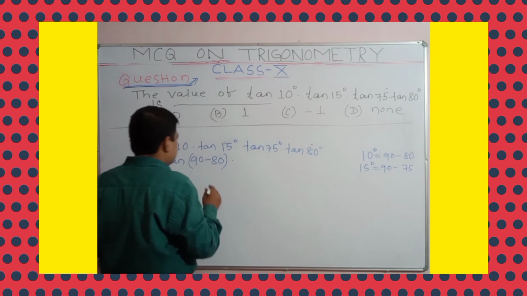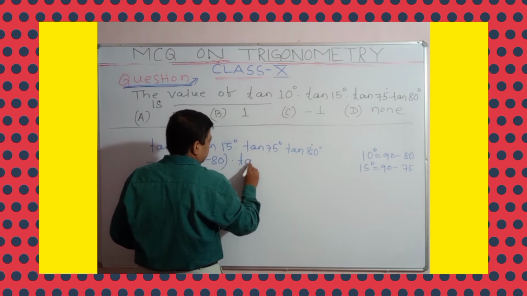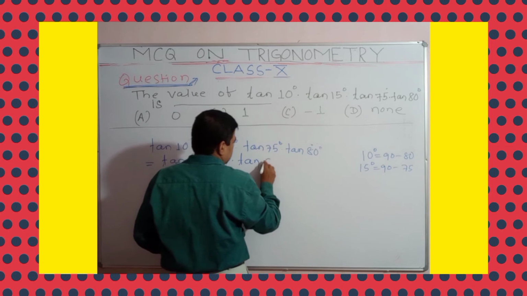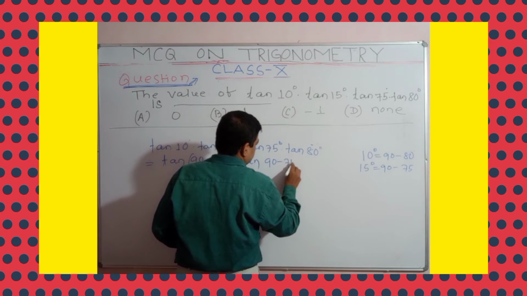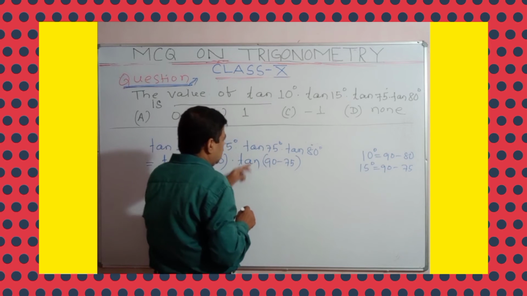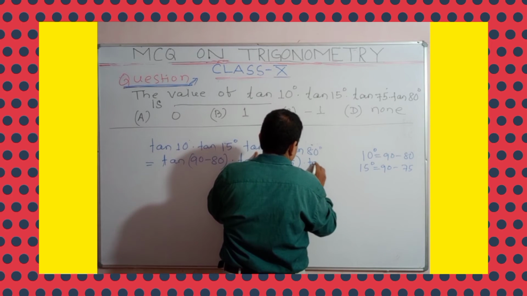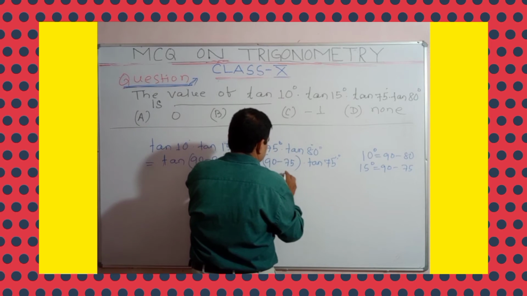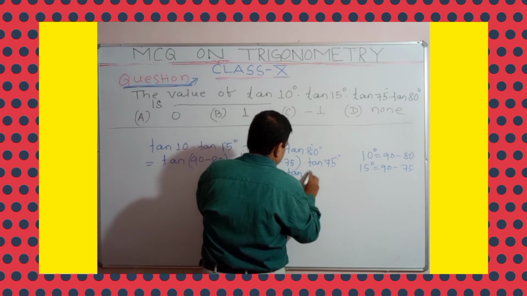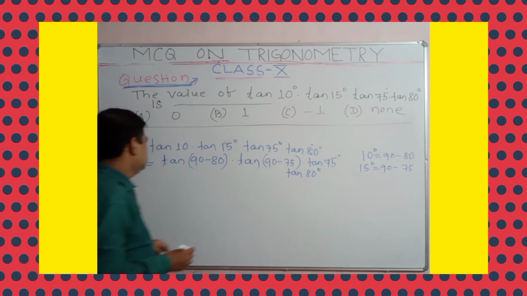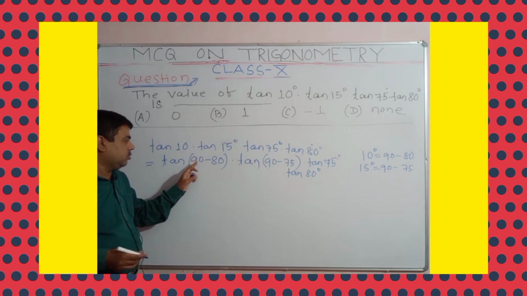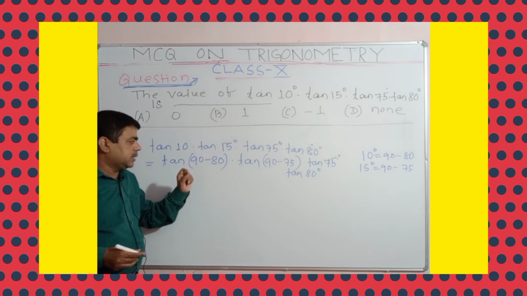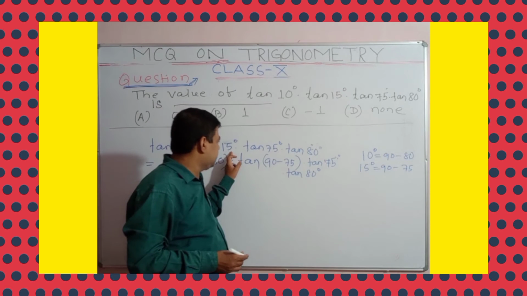So in place of 15 we can write 90 minus 75 degree. Here tan 75, no change, into tan 80 degree. Understand? In place of 10 degree we wrote 90 minus 80 degree, and in place of 15 degree we wrote 90 minus 75 degree.